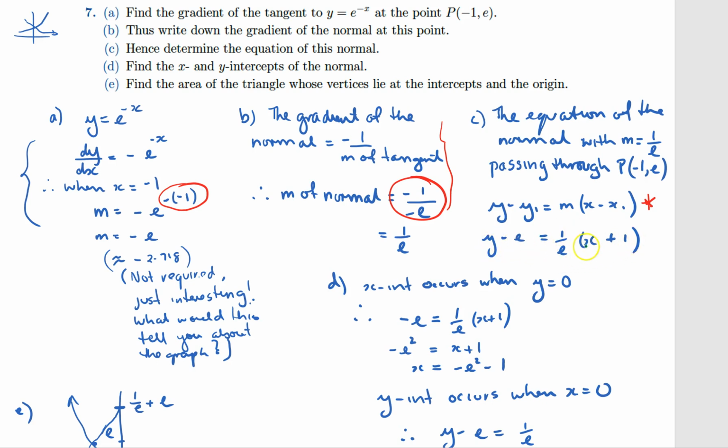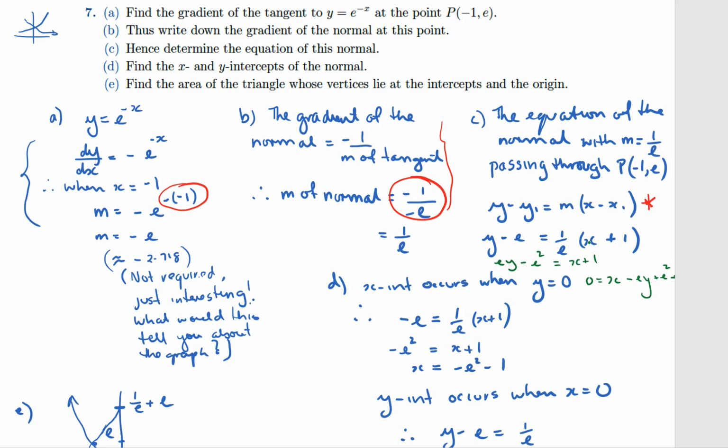So you might see this actually written as multiply everything by e, so it's e times y minus e squared is equal to x plus 1, and so you may see the equation written as x, bring the minus ey over, add the e squared and plus 1. Either form is correct and acceptable.